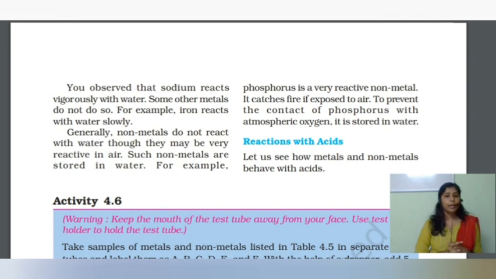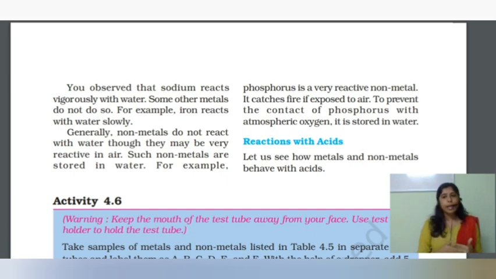So in today's class, we have discussed the reaction of metals with oxygen and the reaction of metals with, which one? Yeah, water. And the reaction of non-metals with oxygen and the reaction of non-metals with water.